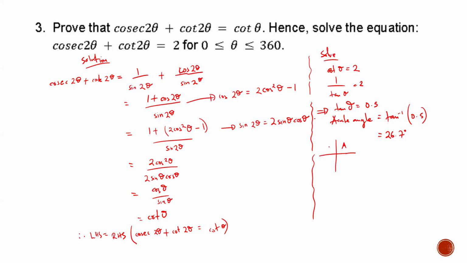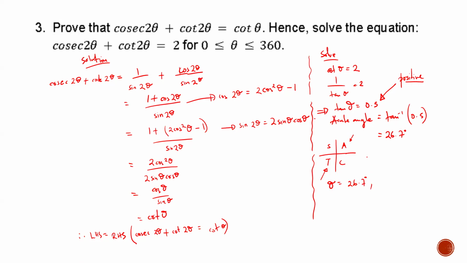So if we are to sketch our quadrants, we see that the tan ratio we have here is 0.5 and it is positive. That means our angles have to lie within the first and the third quadrant. So definitely our acute angle 26.7 is in the first quadrant, so theta can be equal to 26.7 degrees.